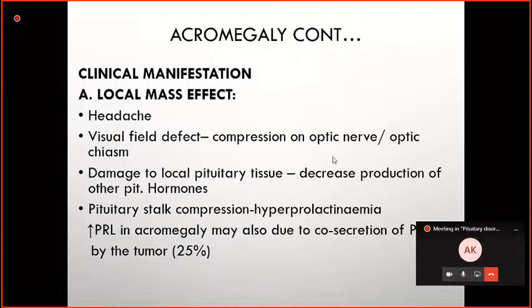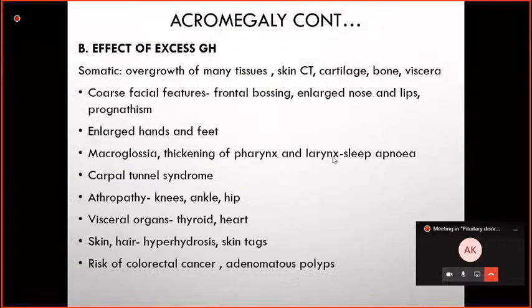When you have acromegaly with high prolactin, it can be due to two causes. It can be co-secretion of prolactin by the tumor, or it can be because of the tumor compressing the pituitary stalk. Either of the two causes. The others are the same as we talked about for the mass effect just now.